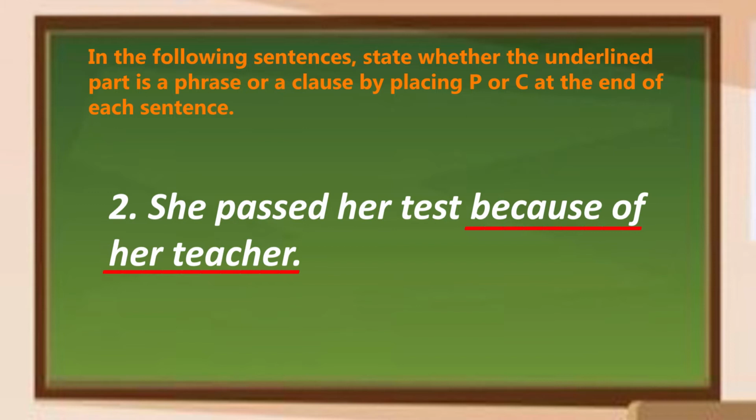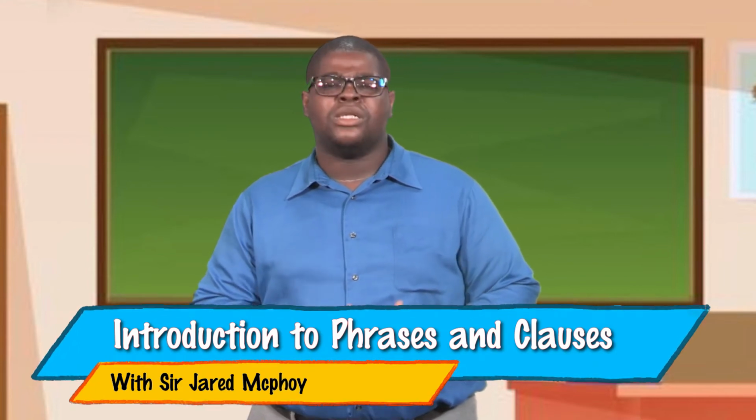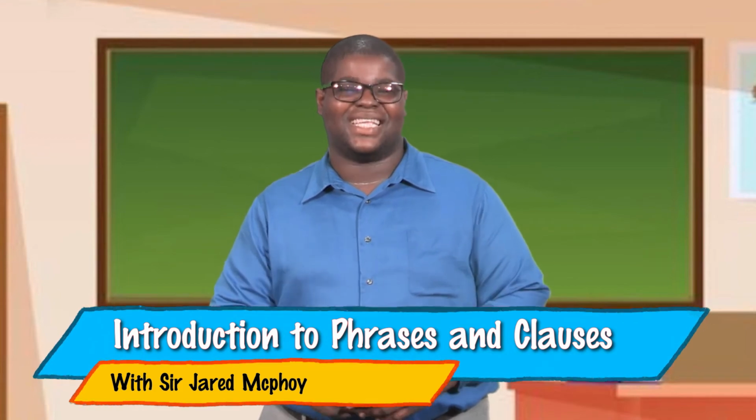Is this a phrase or a clause? Shout it out. This is a phrase. Because when we read that because of her teacher, something is missing. It does not make complete sense.